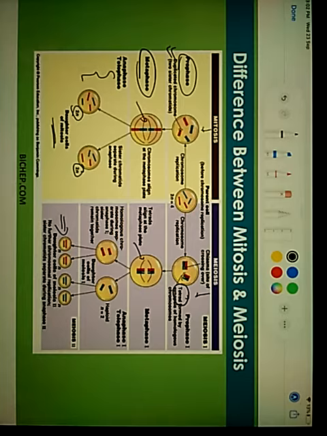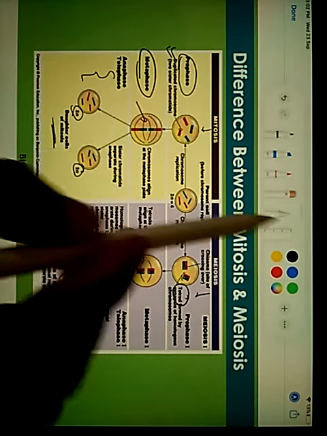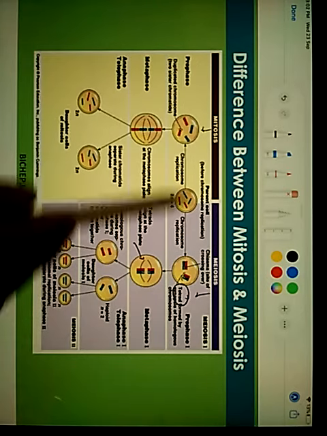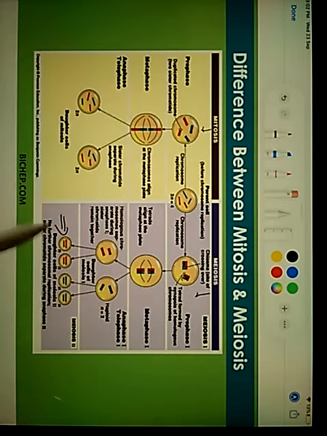So these are the main differences between meiosis and mitosis in the process we have seen till now. So please take the screenshot, and we are moving ahead with the last point of discussion.